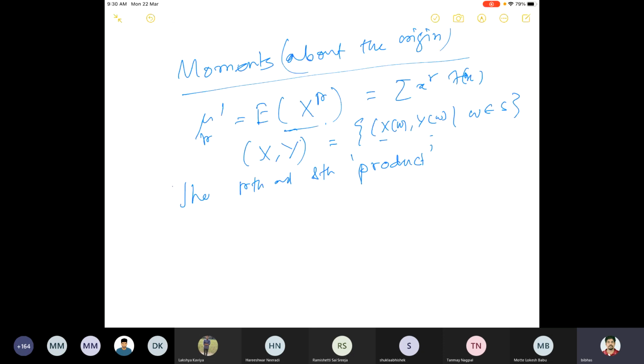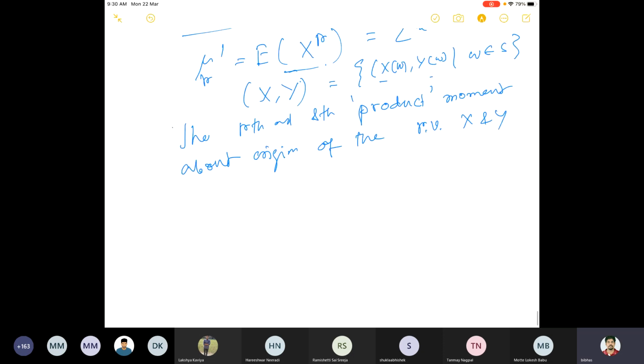So the rth and sth product moment about the origin of the random variables, let's say x and y, is denoted by mu dash r comma s, using the dash notation here.